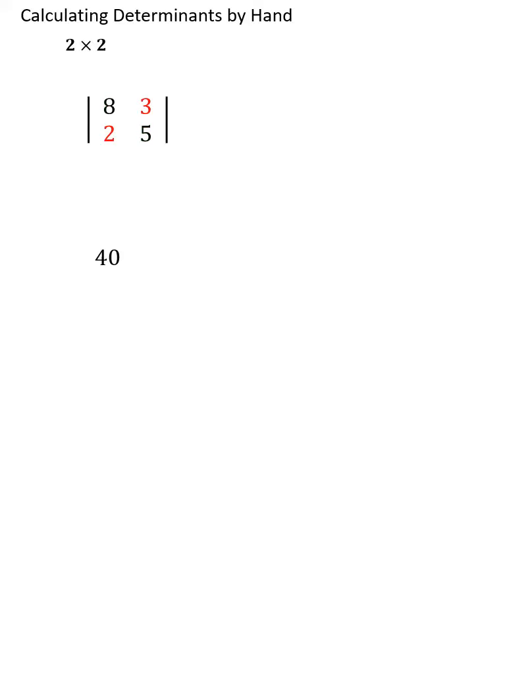Then you multiply the other two numbers, or whatever numbers are in exactly those two positions. In this case, 2 times 3 is 6. Once you've done those two multiplication problems, you subtract. 40 minus 6 is 34, and that's the answer. Here's the work one more time for you to take a look at.